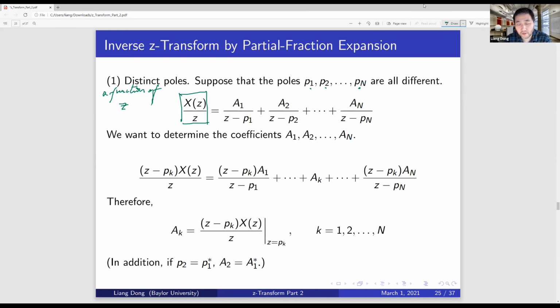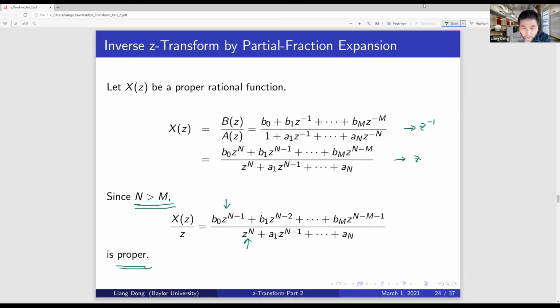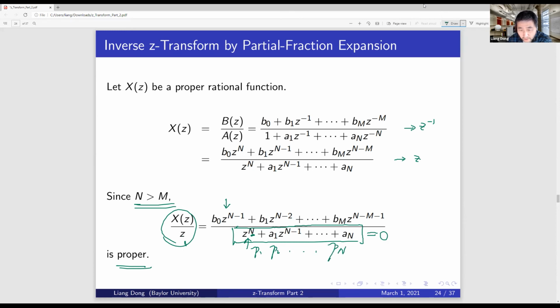I have poles according to the polynomial in the denominator. So if you look at the previous page, how do you find the poles of this? Now, this is not X(z), it's X(z) over z. So the poles are found by making this polynomial equal to 0. Then all these zeros will make the left term infinite, and those are the poles. Because the order is n, I have P1, P2 to P_n, n poles.